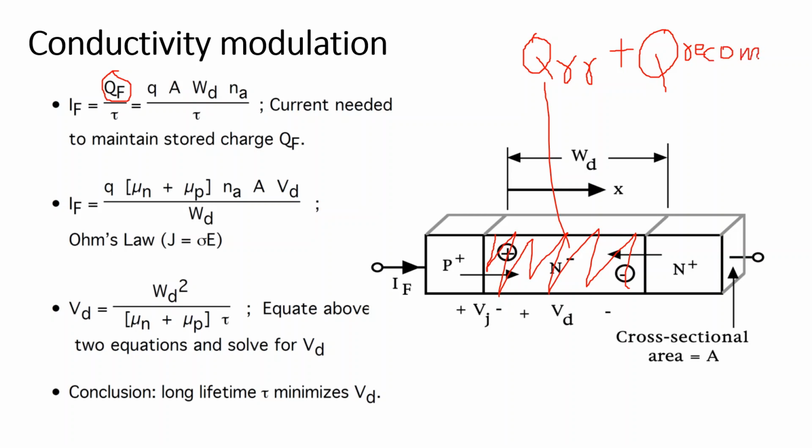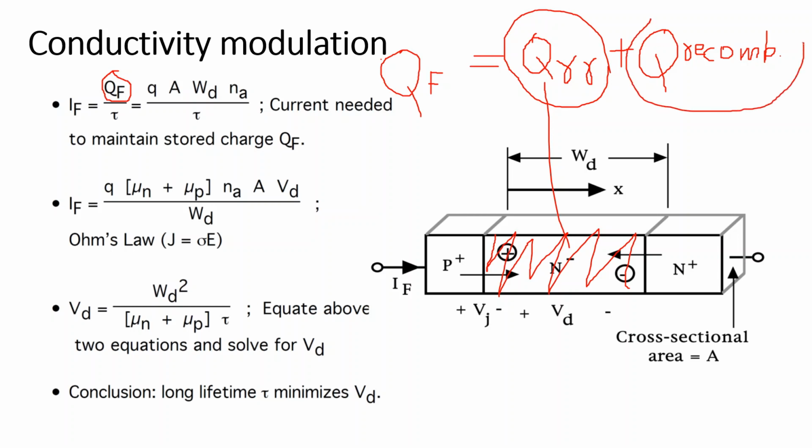So this plus this should be equal to the total stored charge, right? So it is important to know that this is not the total charge which is removed by the reverse current. There is some small amount of charge which is removed by recombination.